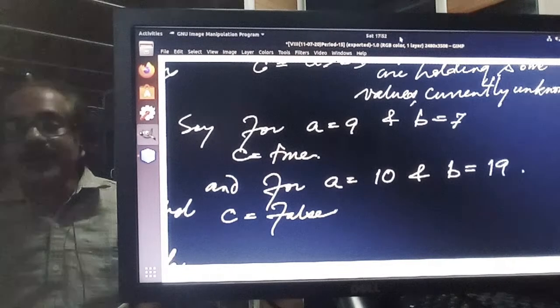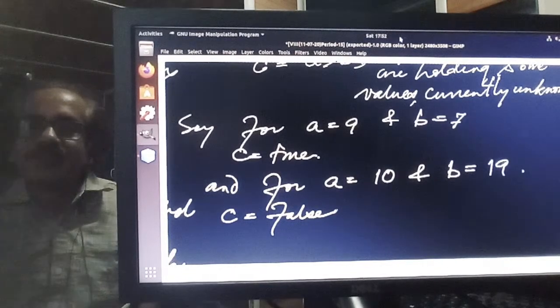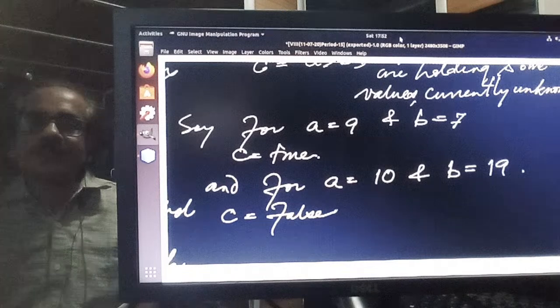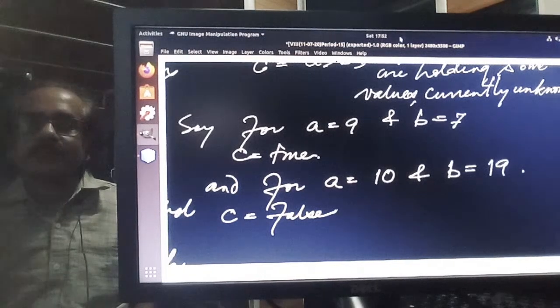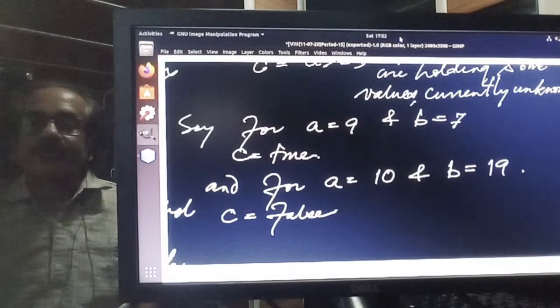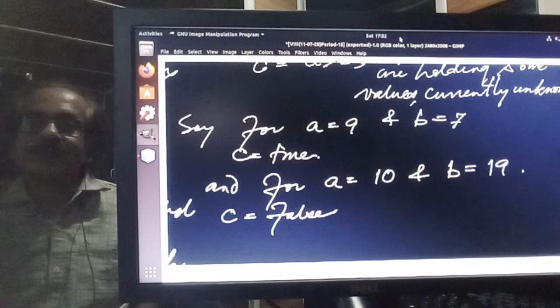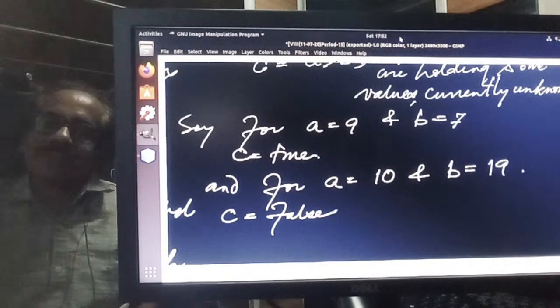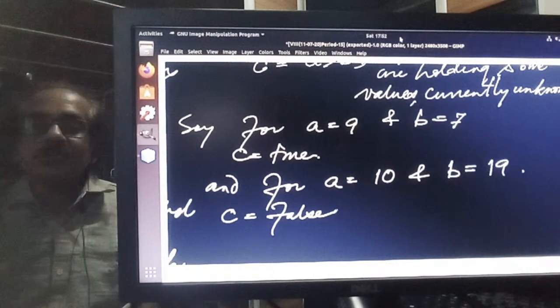So remember, whatever comparisons you do with comparison operators, it will be checked whether the comparison is true or false.